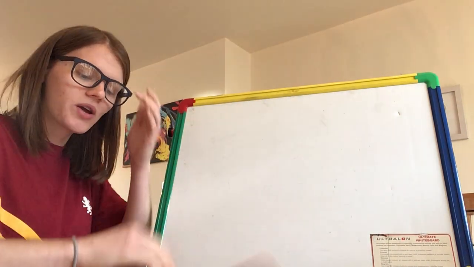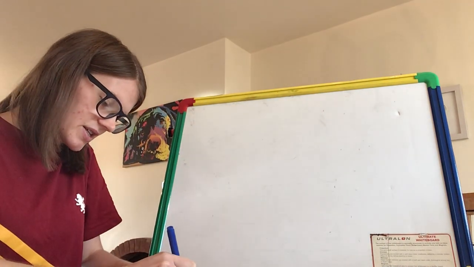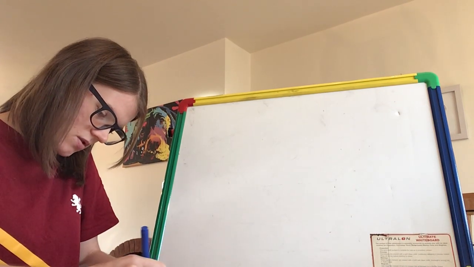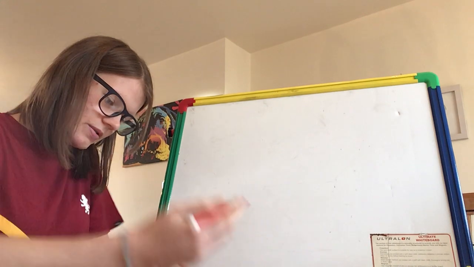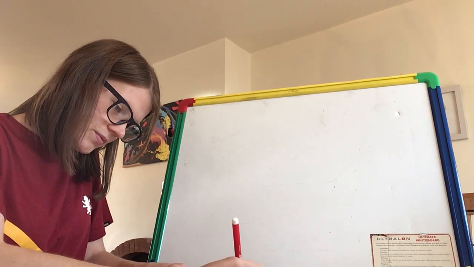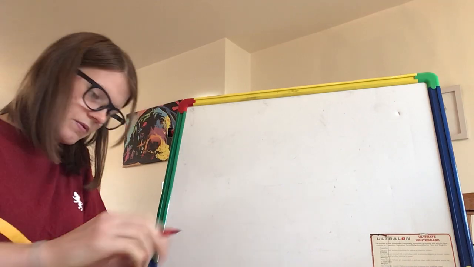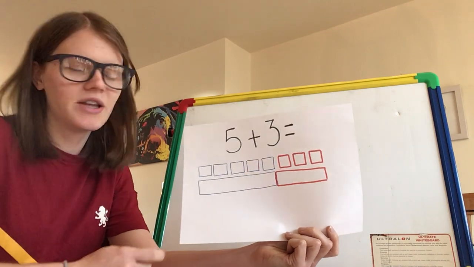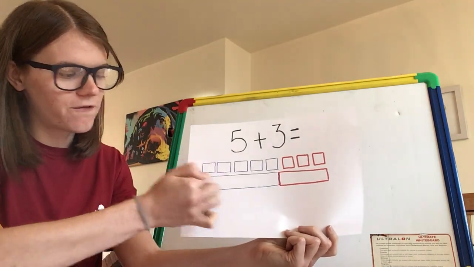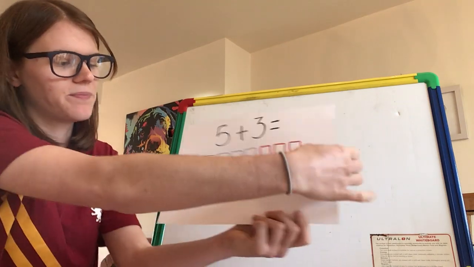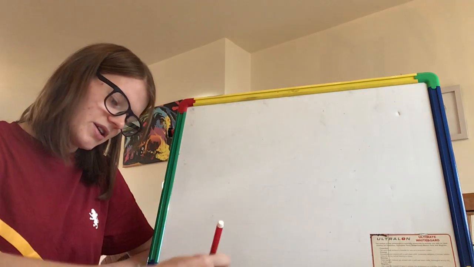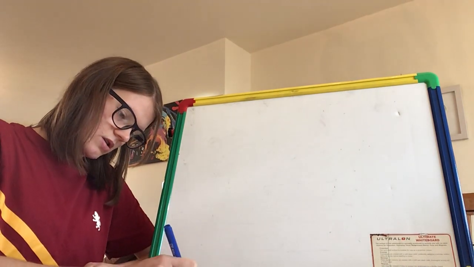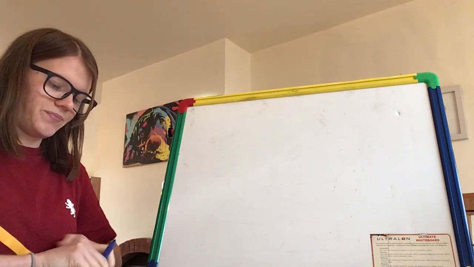And how this will look in your books is that instead of having the individual cubes, you will have a big long bar like this split into 2, okay? And you can see that on this side you'd have your 5, okay, and on this side you've got your 3. So you'd have little lines up here to say that here you've got 3 and here you've got 5, okay?